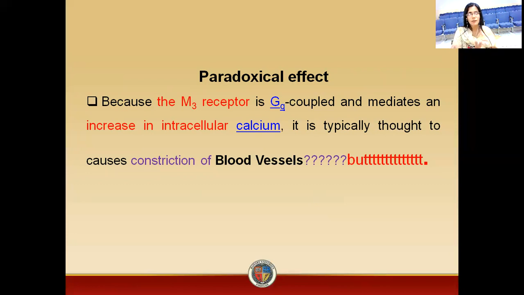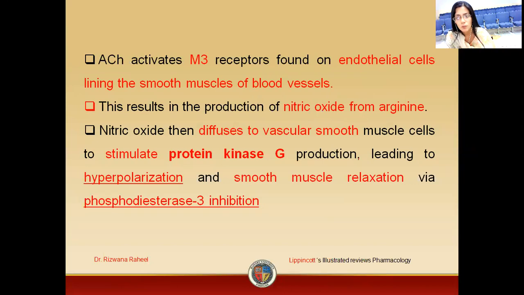It is thought that it must cause constriction, but acetylcholine at the M3 receptor is not doing this. Why? Because activation of M3 receptors, which are present on the endothelial lining of the blood vessels, also results in production of nitric oxide from an amino acid, that is arginine.